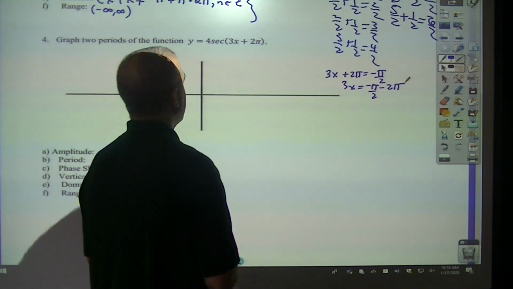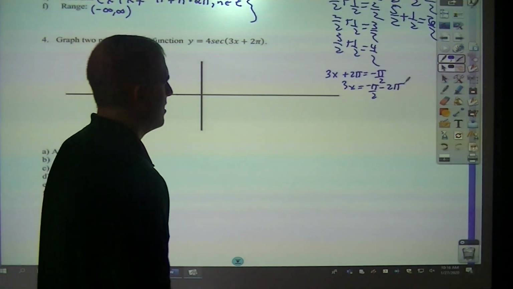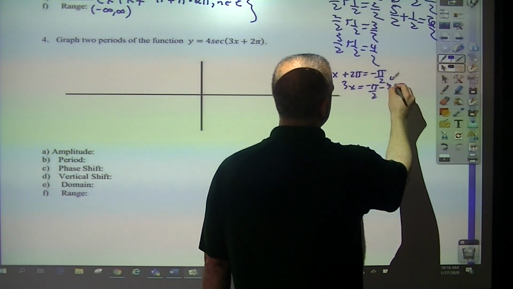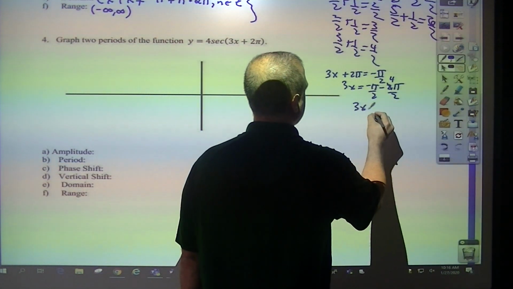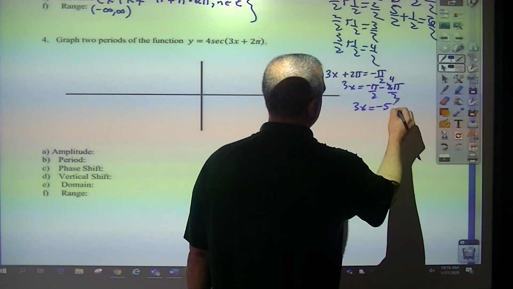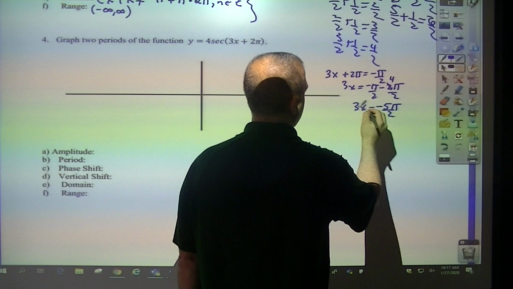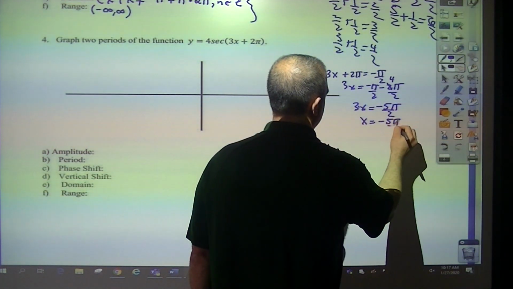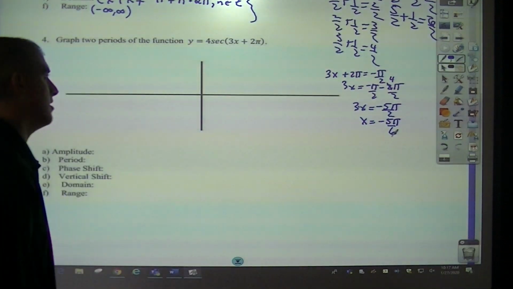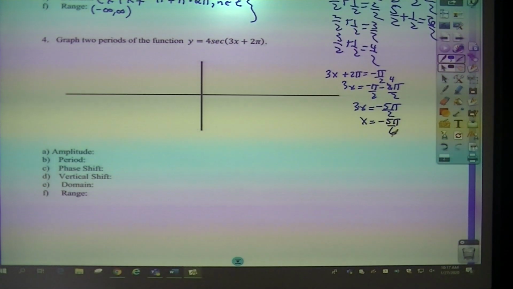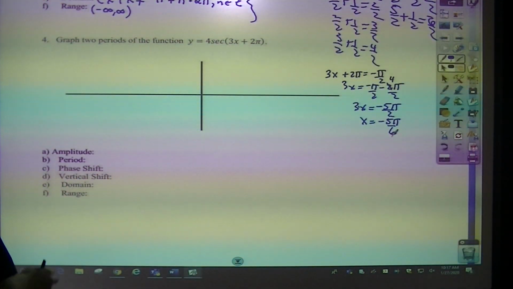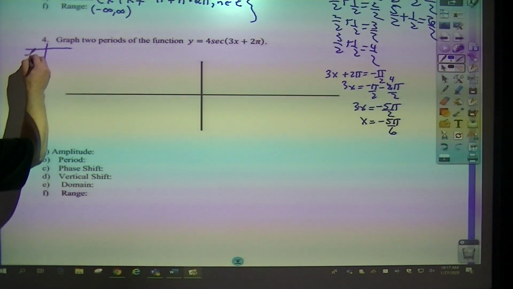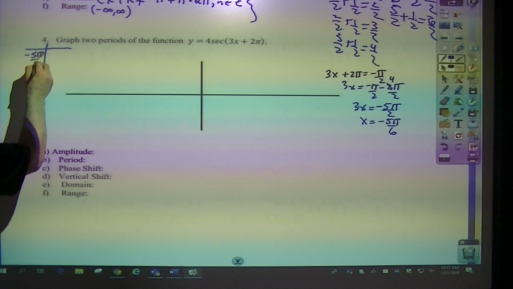If I do a common denominator, that's 4 over 2, so 3x equals negative 5 pi over 2, and when I divide that, x is negative 5 pi over 6. So that's going to be my first angle, negative 5 pi over 6.